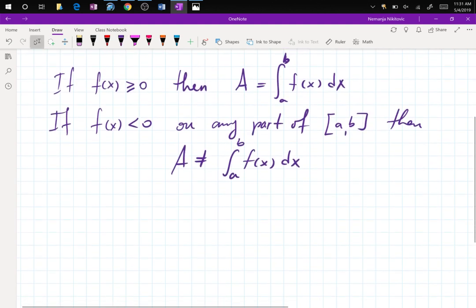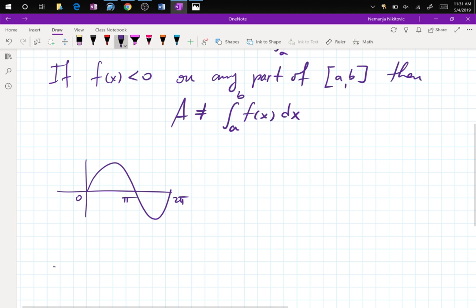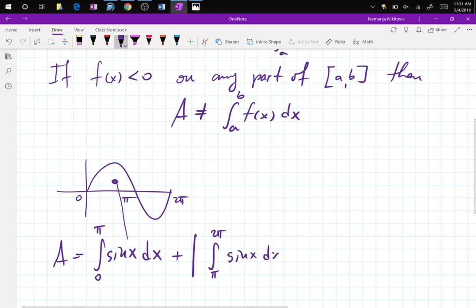And the example which I listed the last time was the area under the sine curve. So if I draw sine curve, 0, pi, 2 pi, the area would be integral 0 to pi of sine x dx, which is this area here, plus the absolute value of the integral pi to 2 pi of sine x dx in absolute values, which is the bottom part.